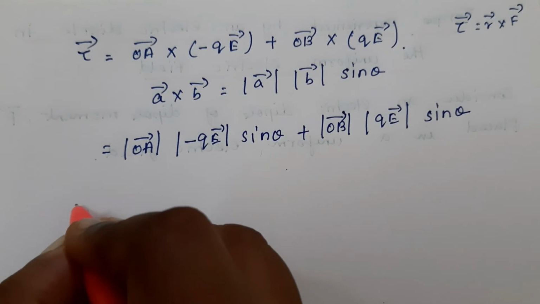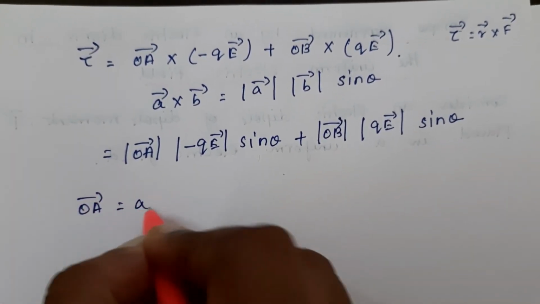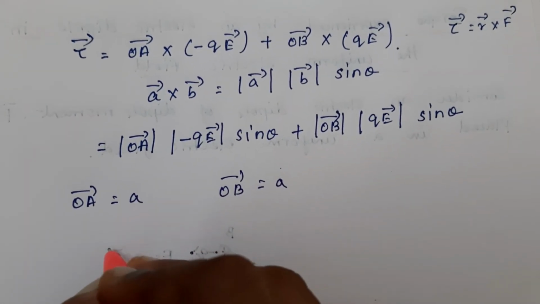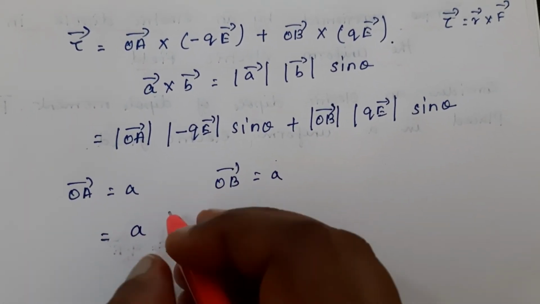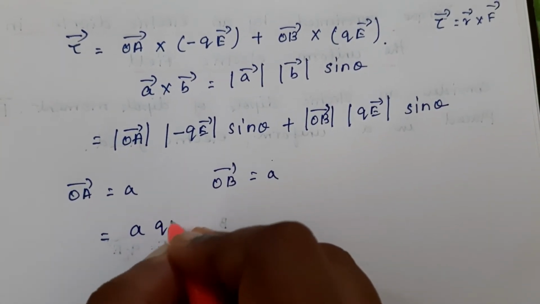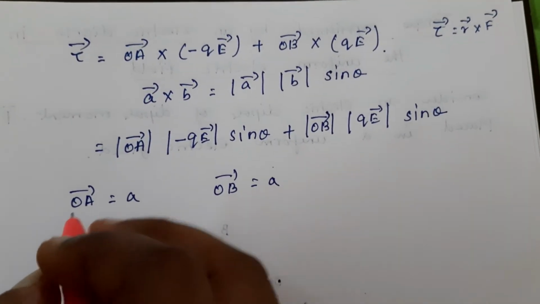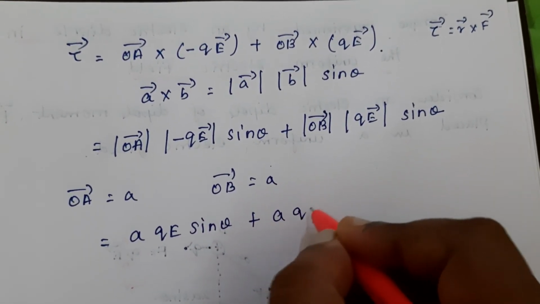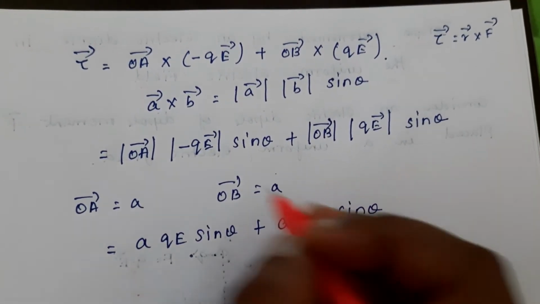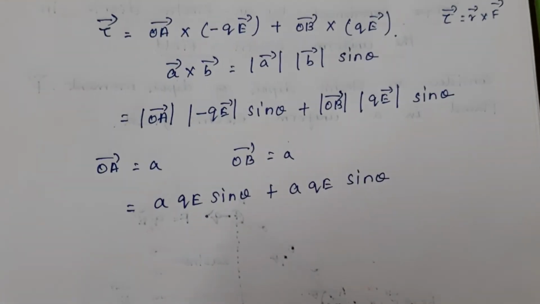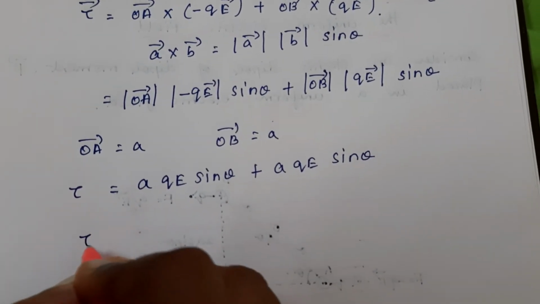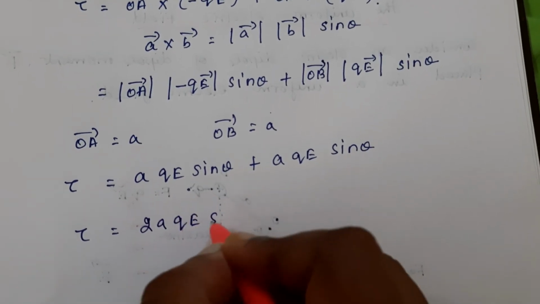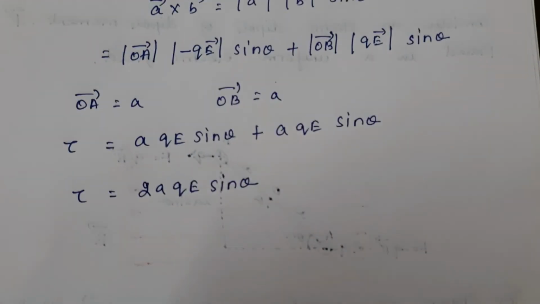You know OA vector is equal to A and OB vector is also A. So we can write the modulus of QE is QE, plus A QE sin theta plus A QE sin theta. So this is your tau. So tau is equal to 2AQE sin theta.